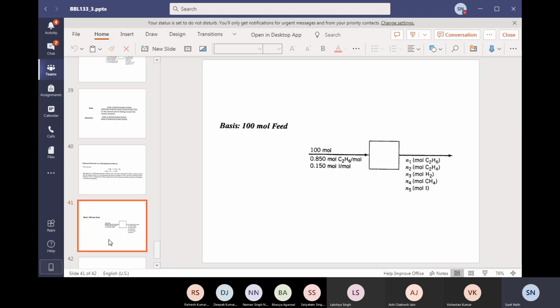So per hour, how much of the ethane is flowing in? 85 kilomoles. Now, can you find out the consumption of the ethane?